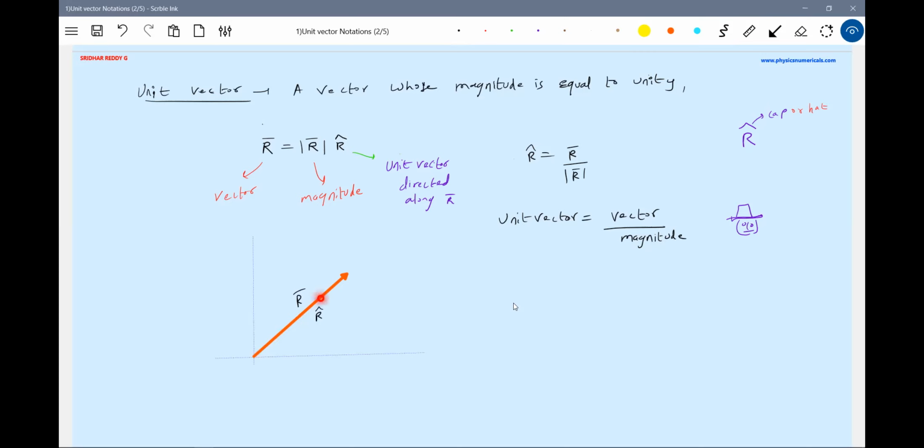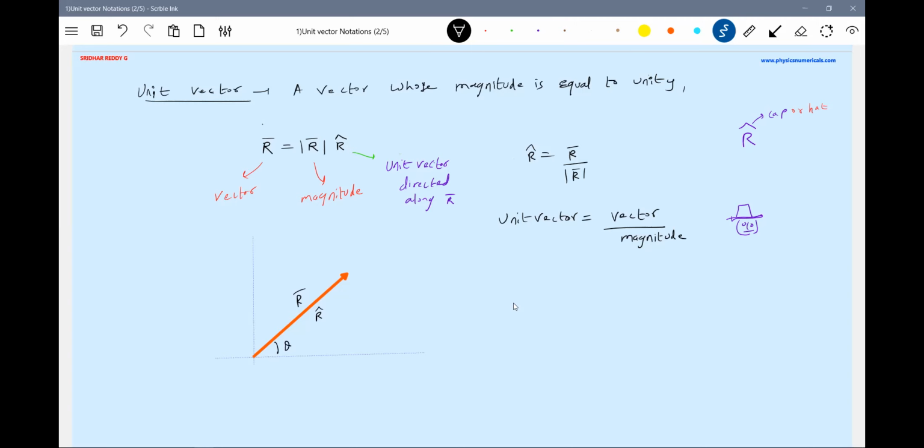So the direction of r bar is the direction of r cap. A vector divided by its magnitude gives the unit vector. Now, about any specific direction: if the vector r bar is making a certain angle theta with the horizontal, the unit vector also will make the same angle theta with the horizontal.